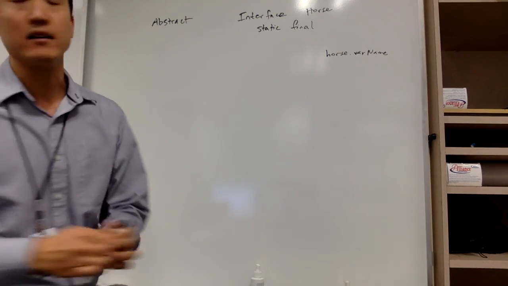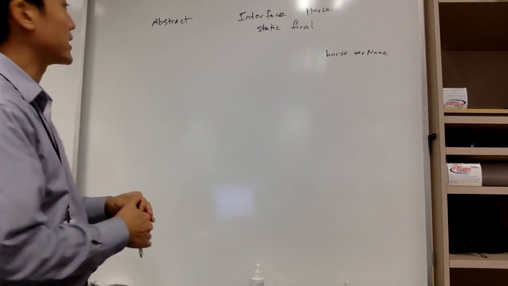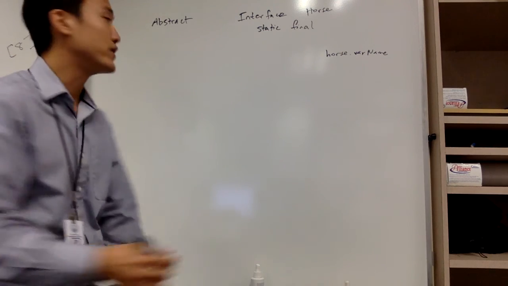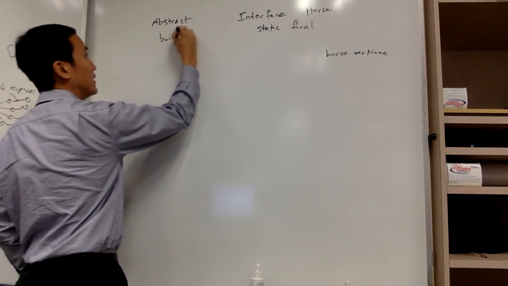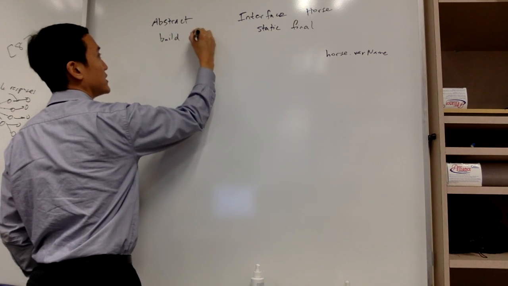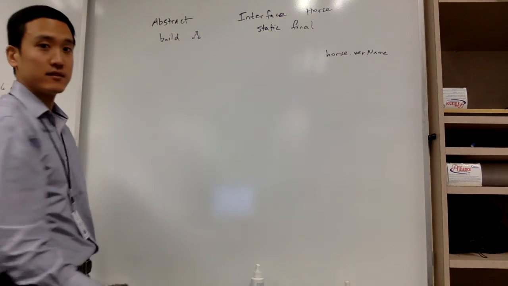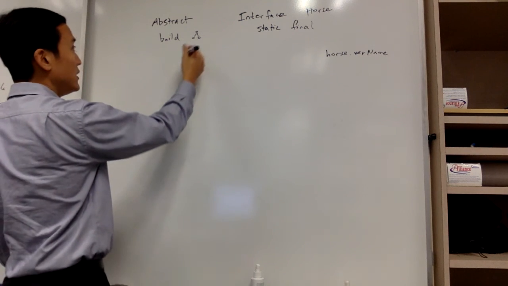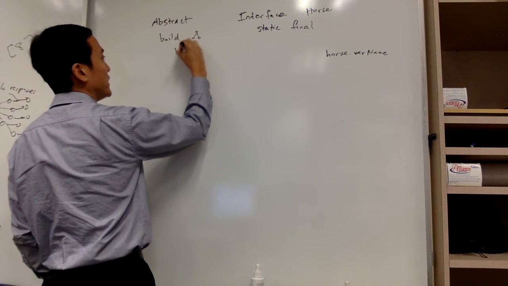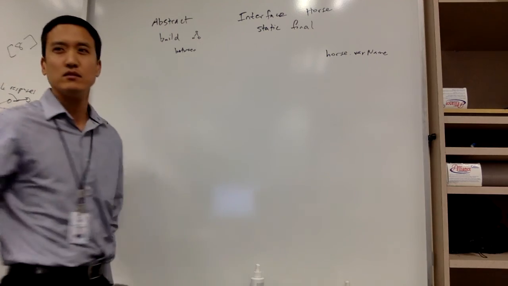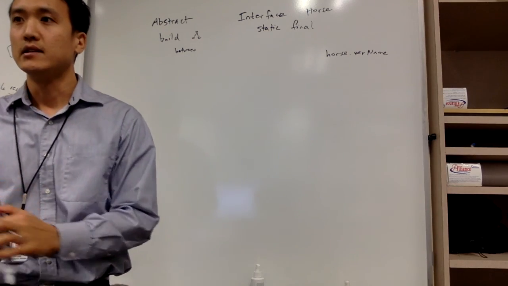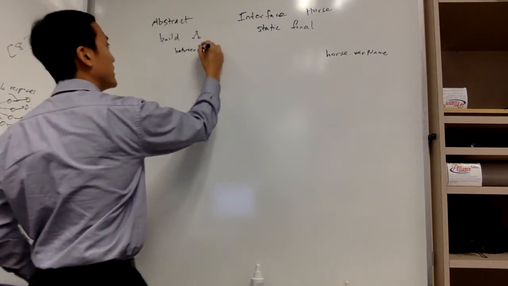But let me just speak on a couple of the differences between abstract classes and interfaces. The first thing is abstract classes are used to build a hierarchy. So I'm going to signify hierarchy with this little symbol here, between classes in a family.